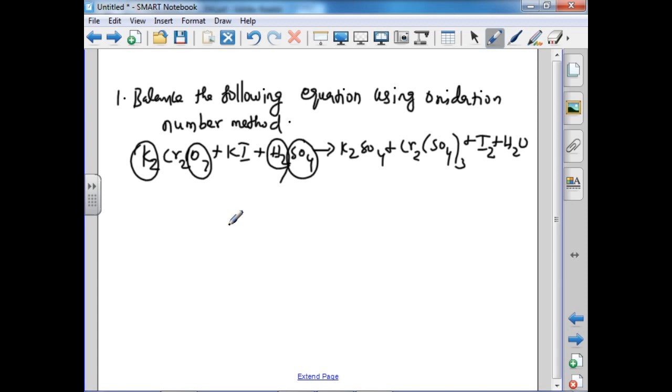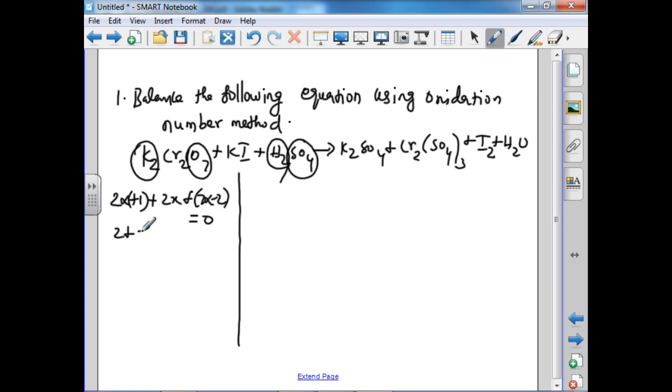First calculate the oxidation number of chromium in K2Cr2O7. 2 into plus 1, the oxidation state of potassium is plus 1, plus 2X for the 2 atoms of chromium, plus 7 into minus 2, the oxidation number of oxygen, equals 0 for a neutral molecule.